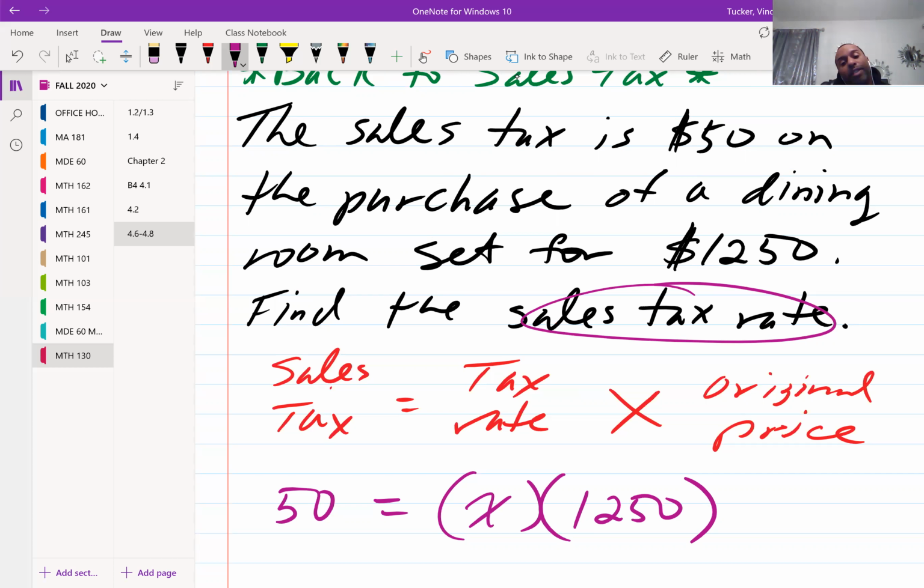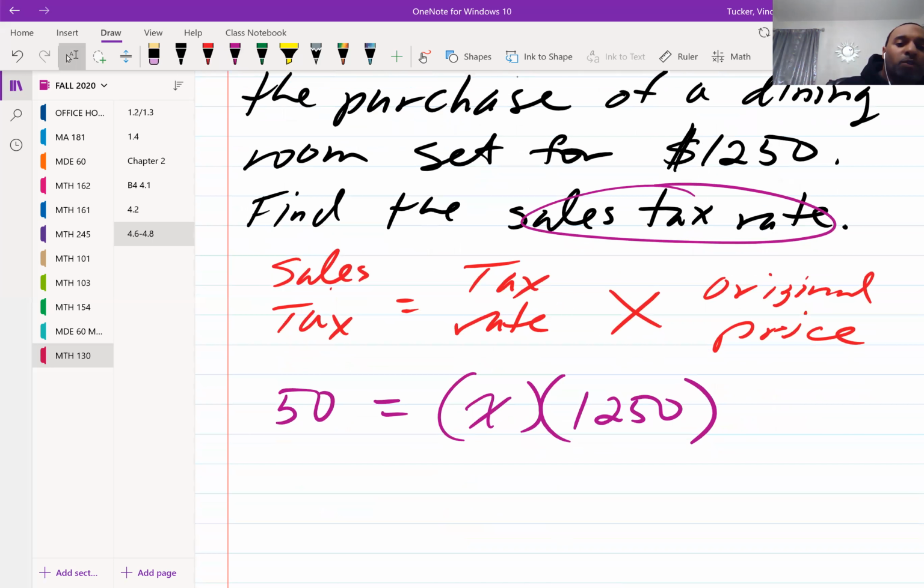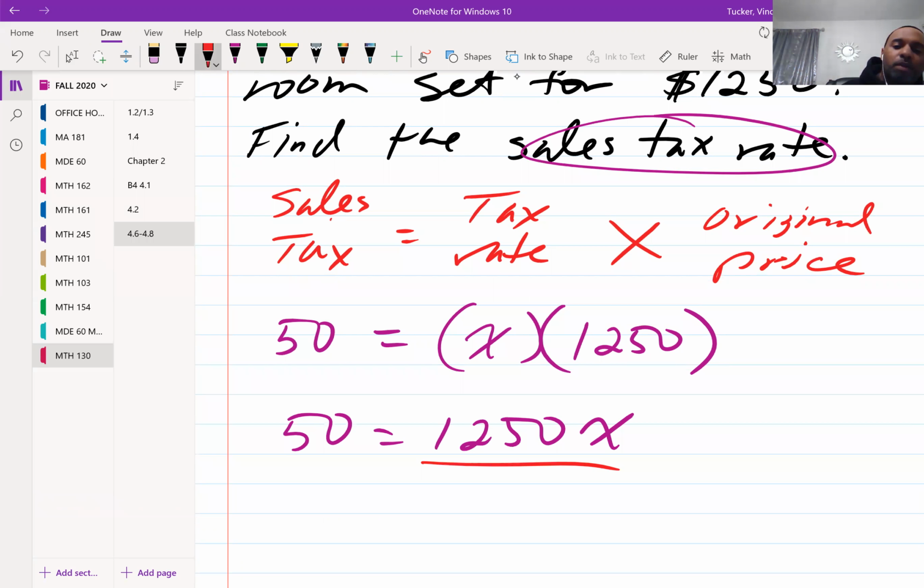Before, they gave us the tax rate; this time, that's the unknown piece. So we can go ahead and solve for the tax rate by dividing both sides by $1,250.